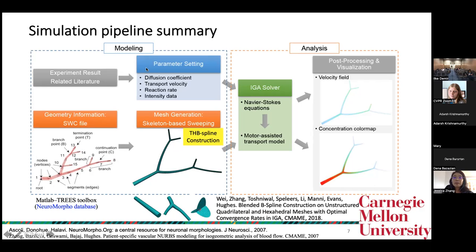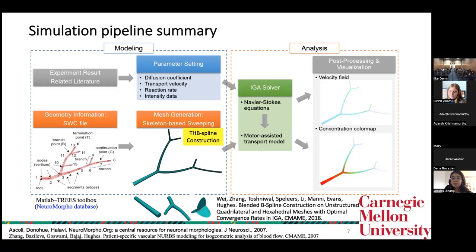And for the parameters, we use those from experiments, which we got from the literature, and we include all those parameters in our IGA solver. So we have a Navier-Stokes equation solver and also a convection-diffusion-reaction solver. And we couple them together, then we can compute the velocity and the concentration in the complex neuron tree.